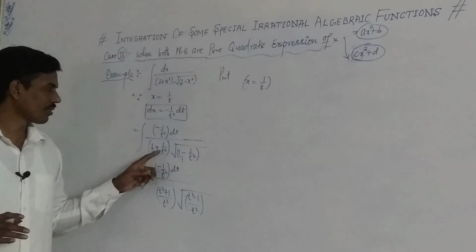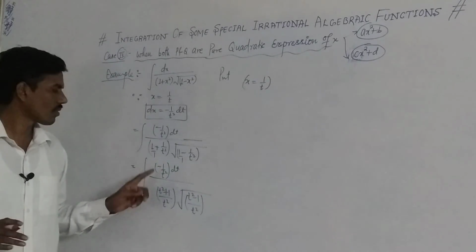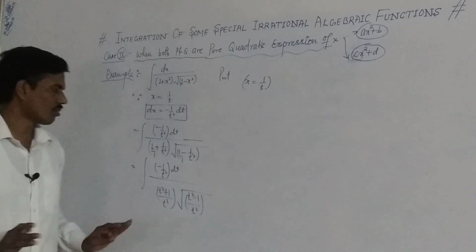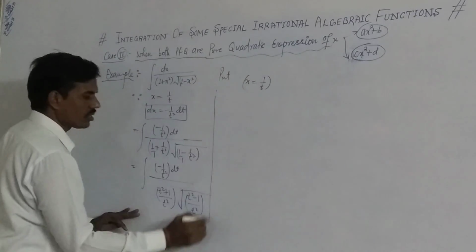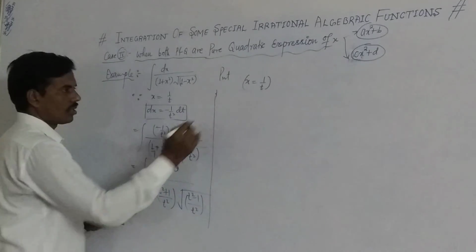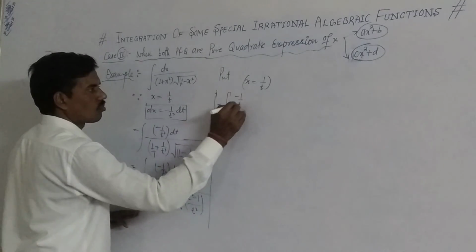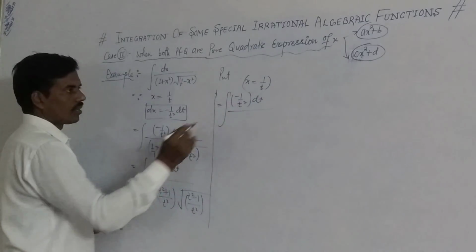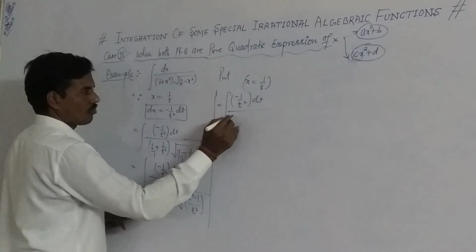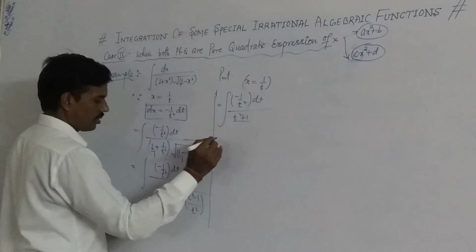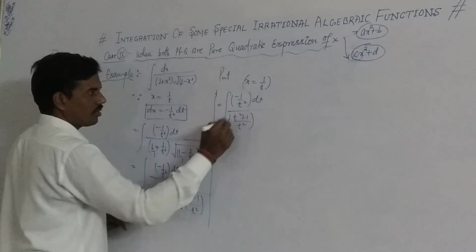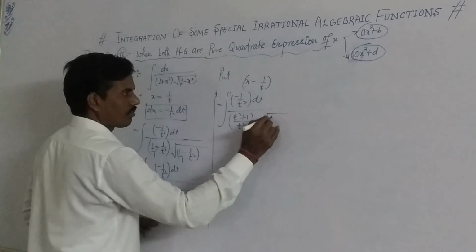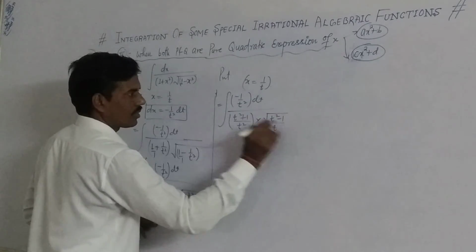Okay, cross multiplication, t square into 1, (t square plus 1) upon t square, minus 1 upon t square. Okay, so this is equal to minus 1 upon t square dt whole divided by, look, t square plus 1 upon t square and under root of (t square minus 1) upon t square.